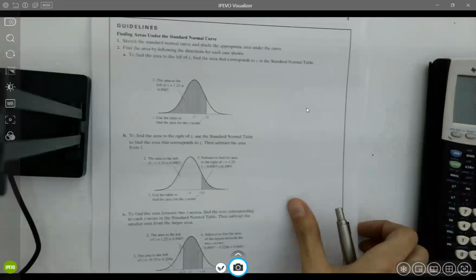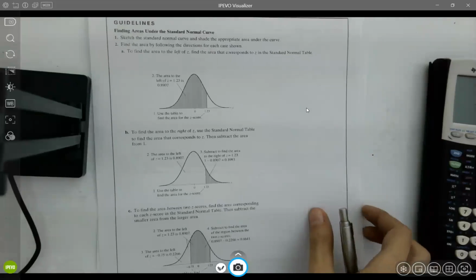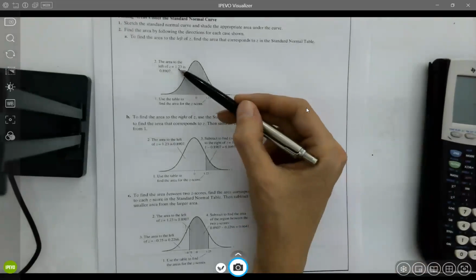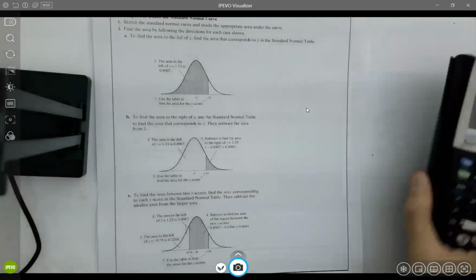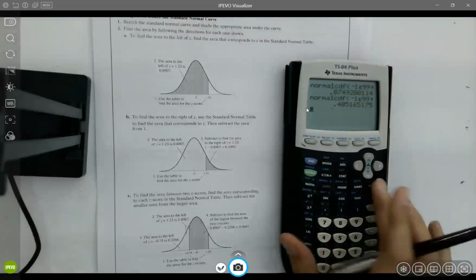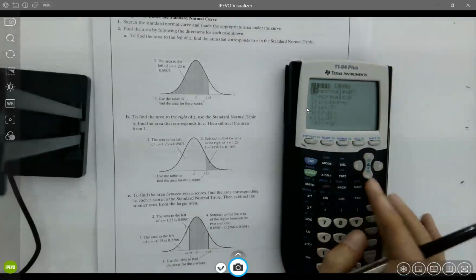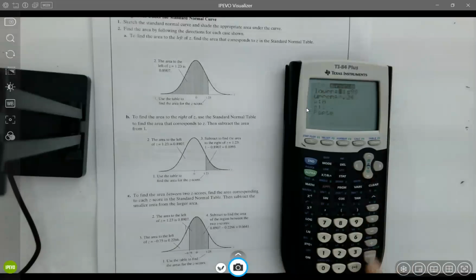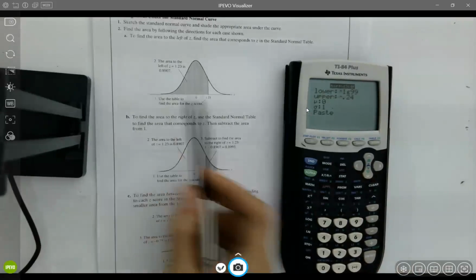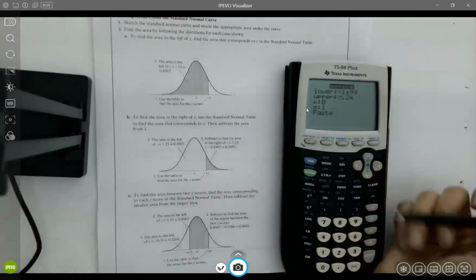So suppose the question says, find the cumulative area on the left side of 1.23. Let's turn on the calculator. Second, vars, normal CDF. Since it's on the left-hand side, your lower limit is going to be -1 E99.